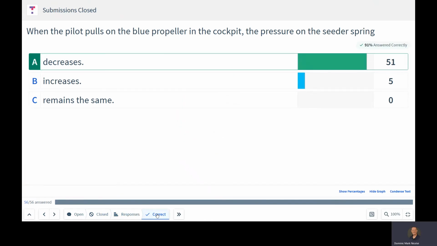Yeah, most of you got that right. So always remember, if we're pushing the blue prop controller forward, that's more. We want more RPM. So we're pulling it this time. That's a reduction.